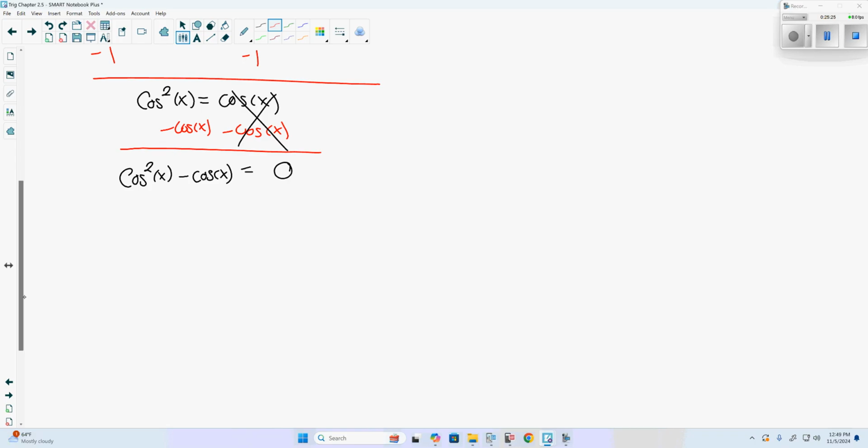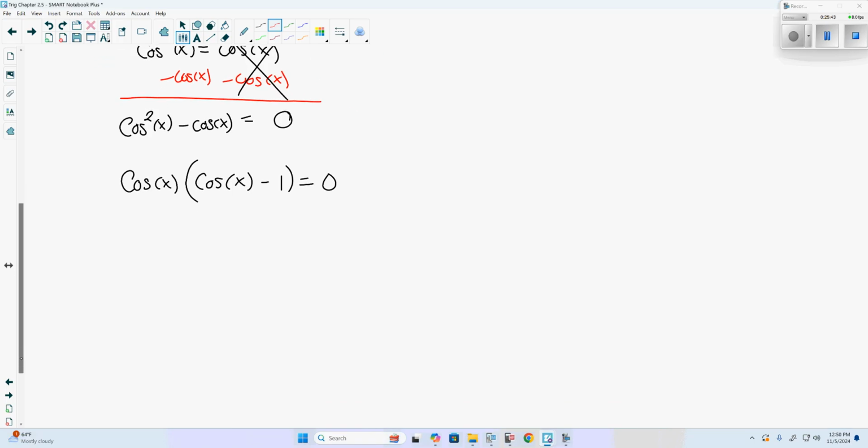Is there a greatest common factor between cosine squared and cosine of x? They both have a cosine in common. No, you're good. Because we can factor that cosine out so that we can solve it. Because if I have two things multiplied together to equal 0, one of them has to be 0.